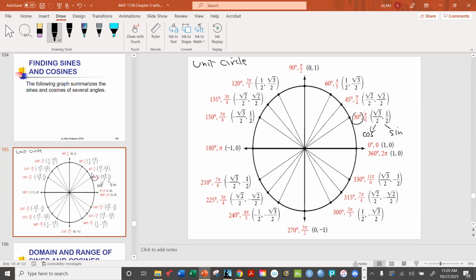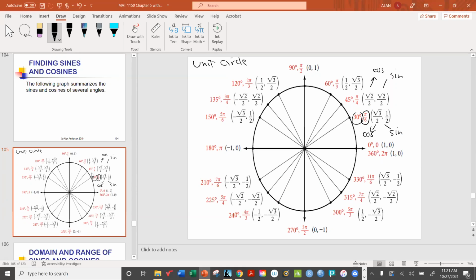But remember too, this also is the same as pi/6 radians. And so we did this ourselves. 45 degrees, we did this ourselves as well. So this implies that the cosine of 45 is radical 2/2. The sine is radical 2/2. We move up the circle.